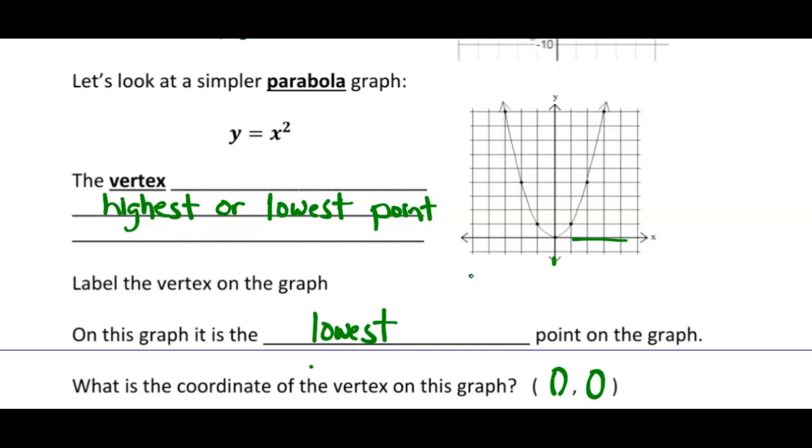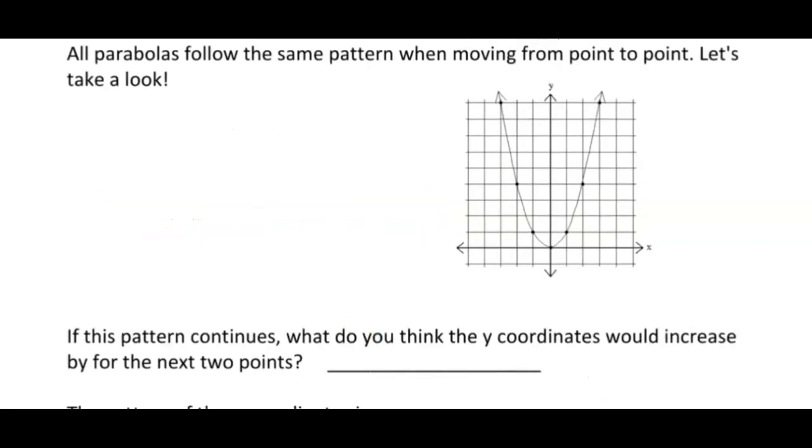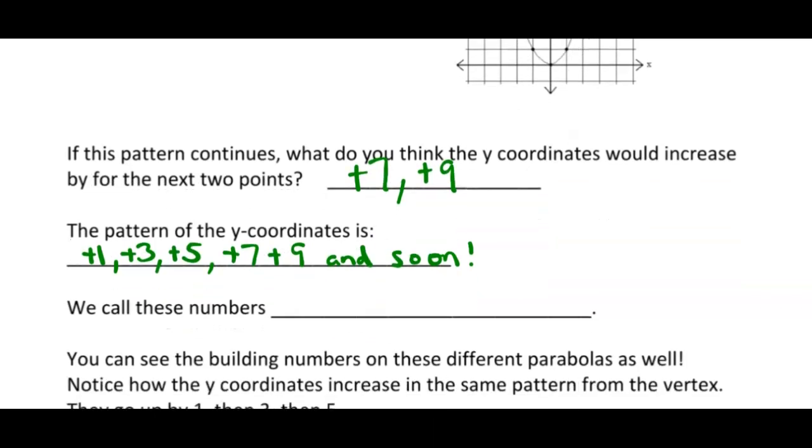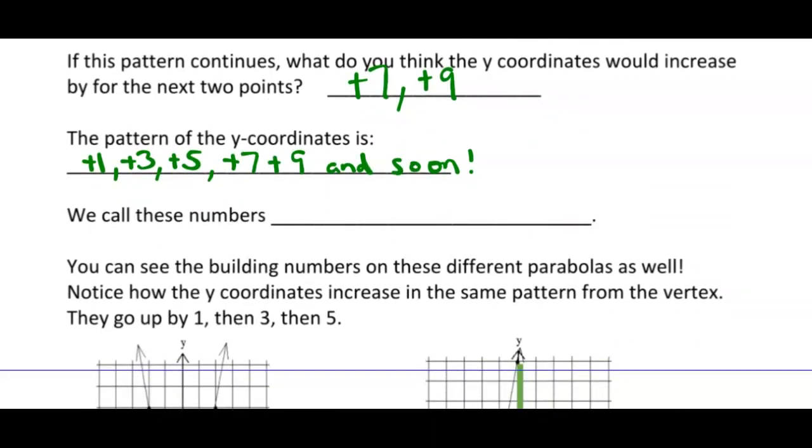So if that's the pattern that I'm following, what do you think the next two numbers would be? Over 1 to the left and up how many? Well, plus 7, and then what will be my next one? Plus 9.